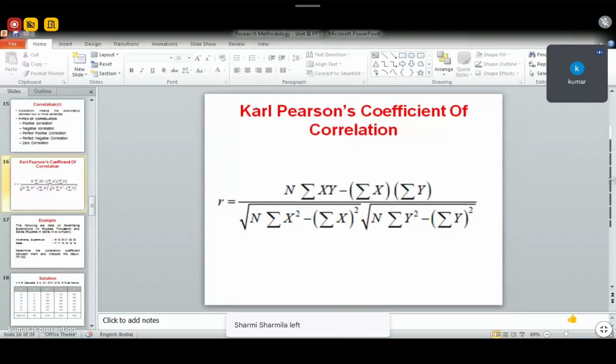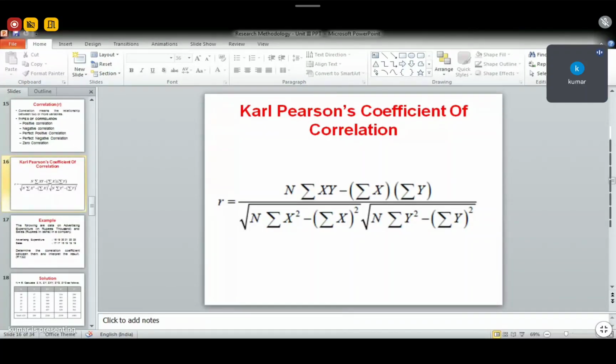Into root of 6 into sigma y square, that is 1985, minus sigma y the whole square, sigma y 109 the whole square. If you simplify all this, finally you will get 0.9277. What is the implication of this value?